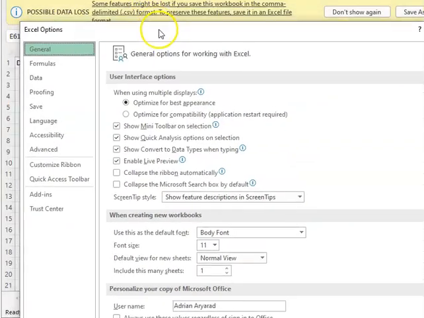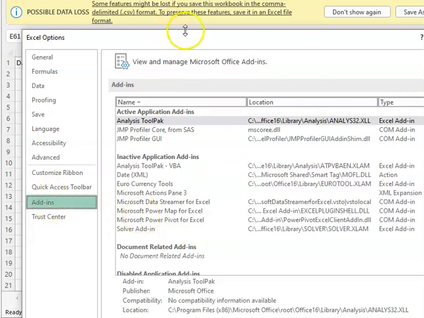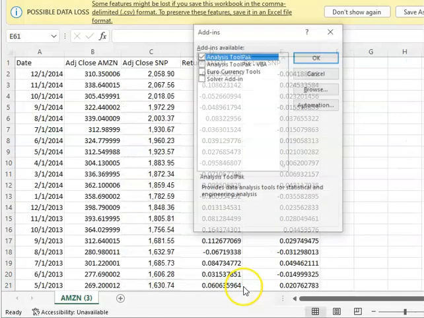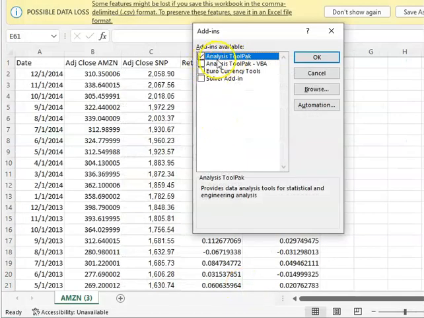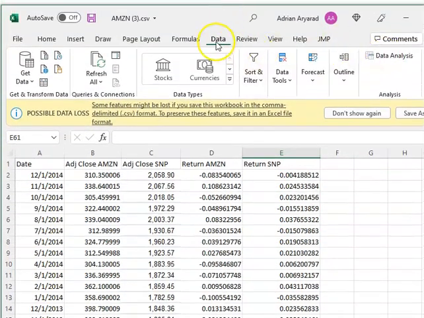So when you go to File, Options on the top left of Excel, here you have Add-ins, and it's going to give you this option down here, Manage, Add-in, and click Go, and you just check the Analysis ToolPak and click OK. I already have it, so I don't click OK. And the Data Analysis package is added to Data. So click on Data. Data Analysis will be here. If it didn't work, just close your Microsoft Excel, open it again, it's going to work.